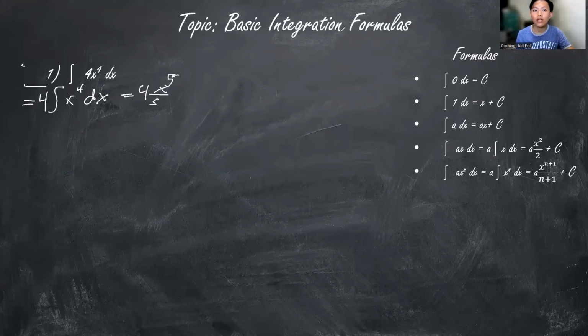Let's undo that. Sorry. It's 4 times x to 5 divided by 5 plus c. And we solve this using this formula. Then let's go to the next problem.